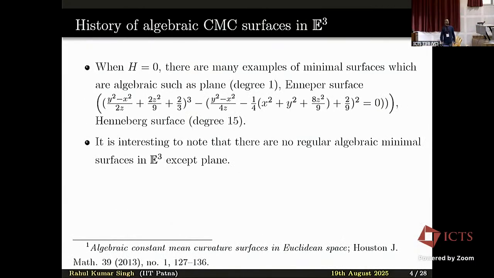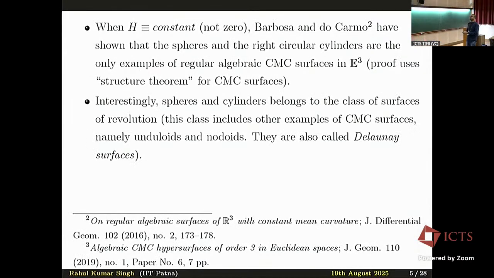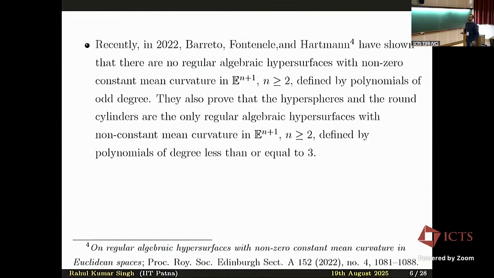Can you draw some CMC surfaces in L3 explicitly to see how they look? For example, the space-like cylinder, how does it look? So you imagine this hyperboloid. Let me show you this equation.